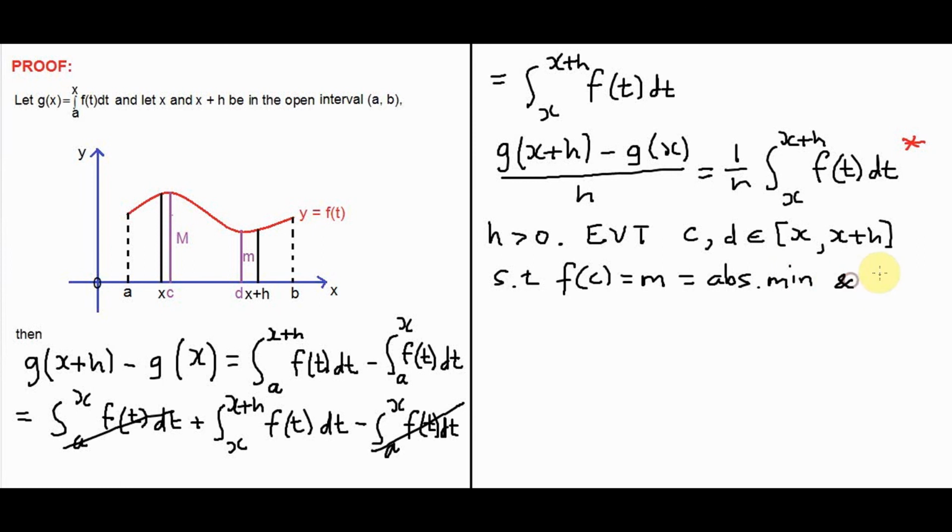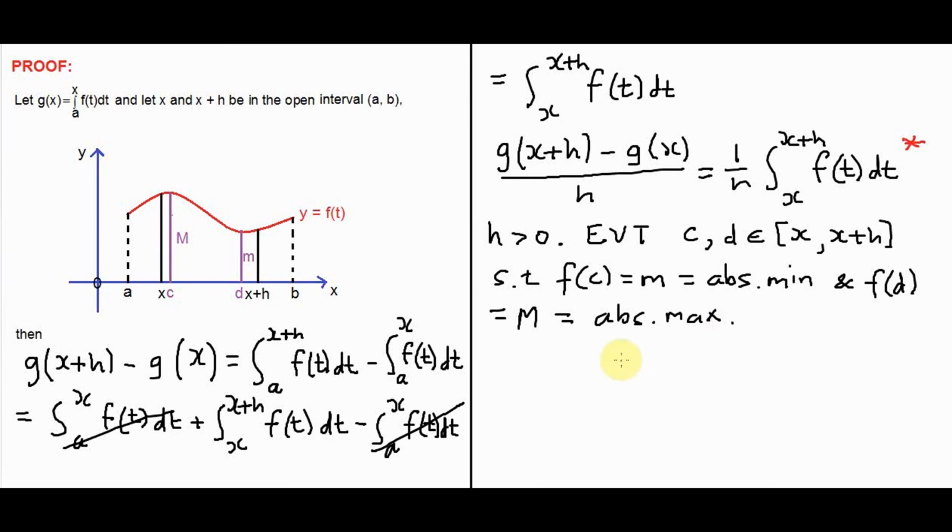And f of d, which we can call capital M, is the absolute maximum of f on the closed interval from x to x plus h.